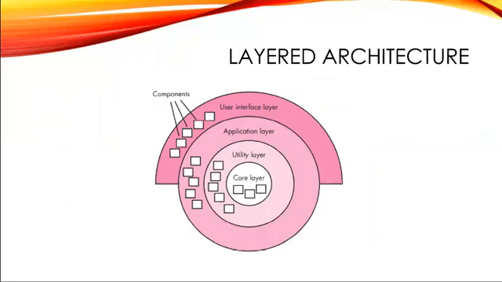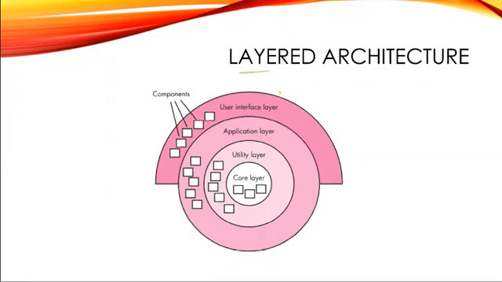The last one is the layered architecture. As the name says, there are going to be multiple different layers within this layered architecture. A number of layers are defined, and the job of each layer is to perform some specific operations.